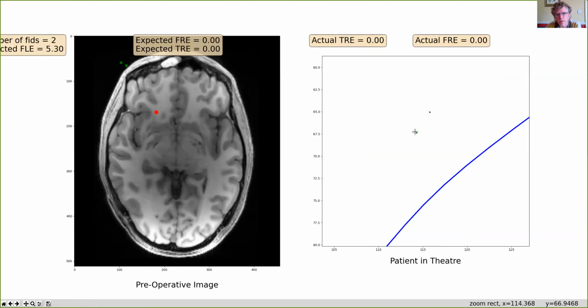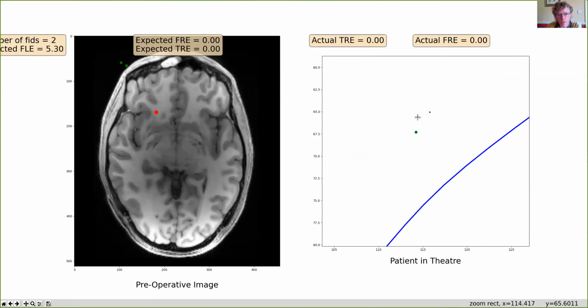We've placed a green marker here, and we've actually put 2 points on the image. There's a black crosshair, and that black crosshair is the exact known position. Because it's a simulation, we know the exact position where this marker should be, and that corresponds exactly to the point on the preoperative image.